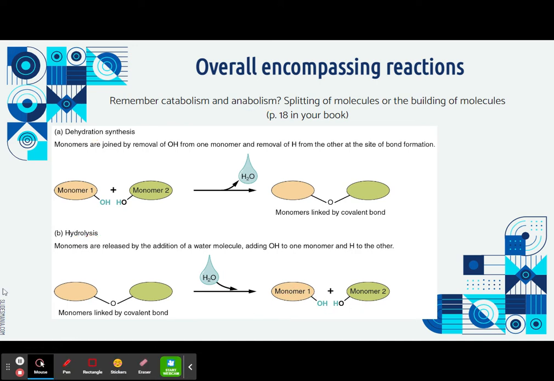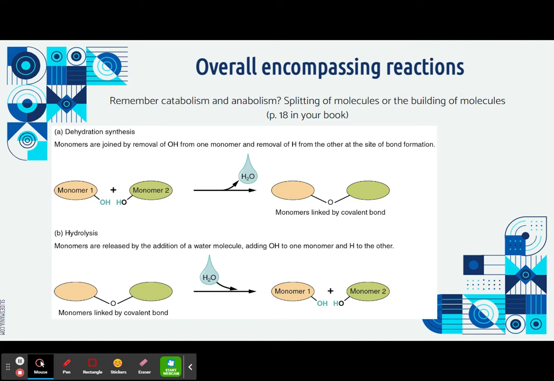Now, it sounds easy, but all of these are mediated by an enzyme, and we'll get there because we haven't talked about proteins yet. We're just giving you the basics. This is how amino acids are joined together. This is how 3 fatty acids and a glycerol are joined together for lipids. This is how glucose and galactose are put together to make lactose.